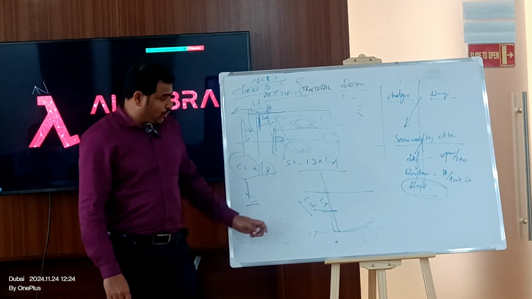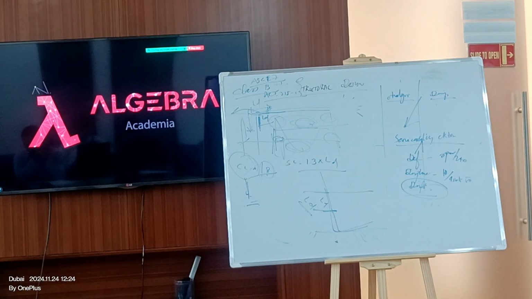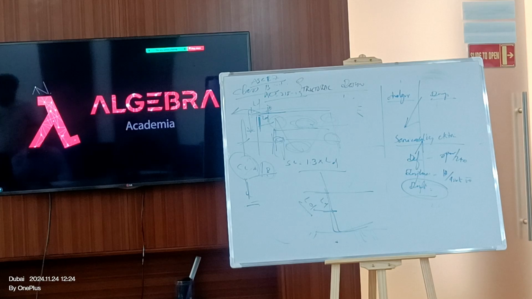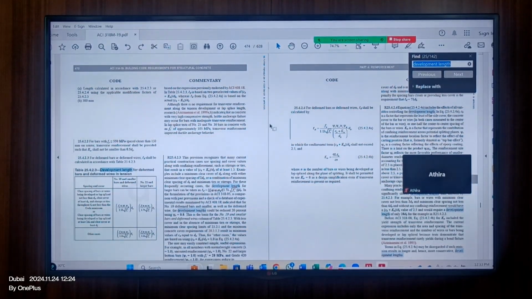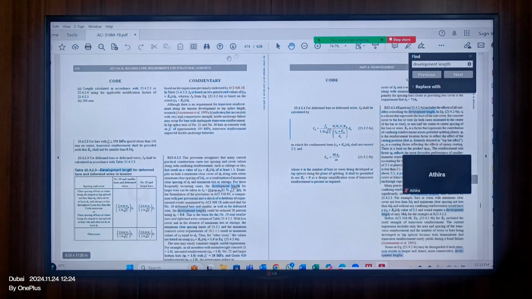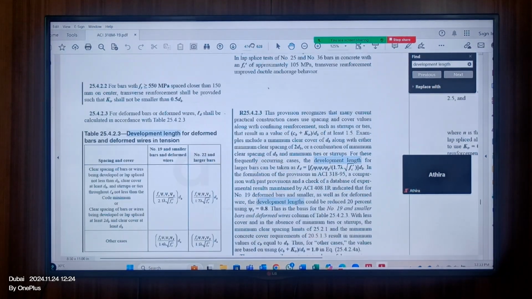Okay, showing this equation. ACI 318-19, Table 25.4.2.3.